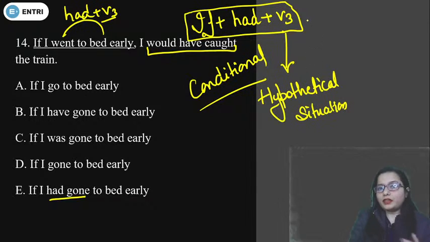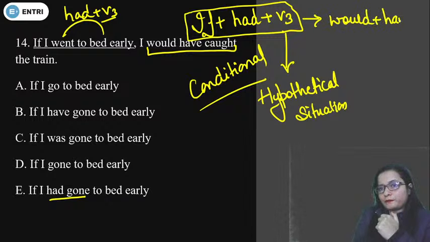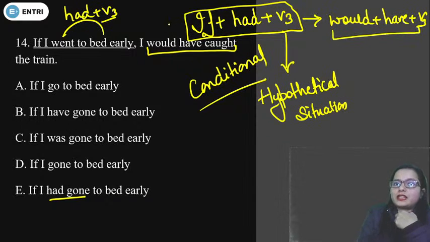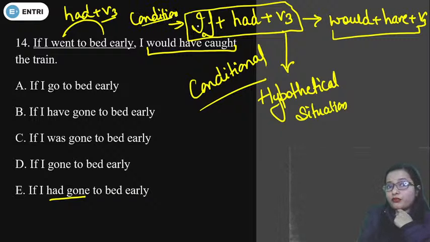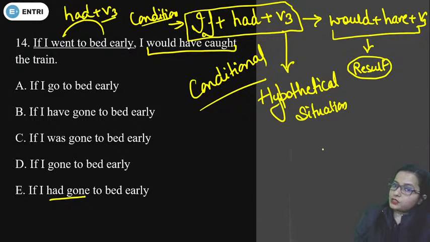So whenever we have if and we use had with the third form, we use would have and v3. What does it mean? It is talking about a hypothetical situation. If this condition doesn't fulfill, you will obviously not get this result. Because it is talking about the past, this is the hypothetical situation.